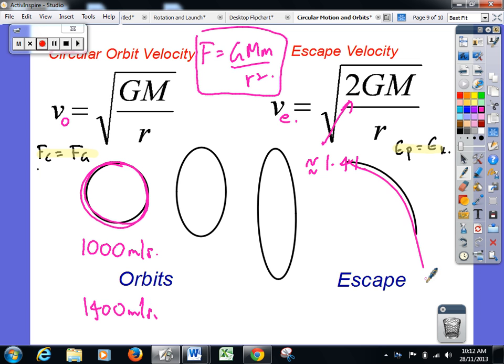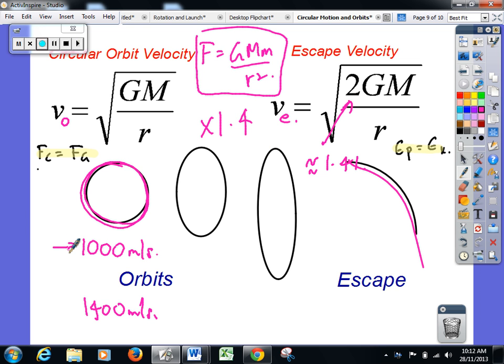You will suddenly go off at a tangent and escape and never come back. So all you have to do between a circular orbit and an escape orbit, which is the hyperbola, is a factor of 1.4. Just remember I'm using 1,000 as a base unit.